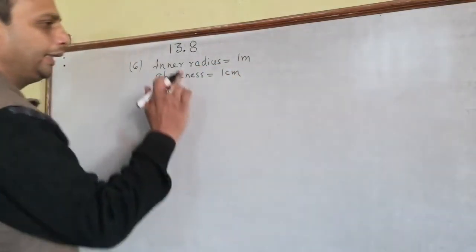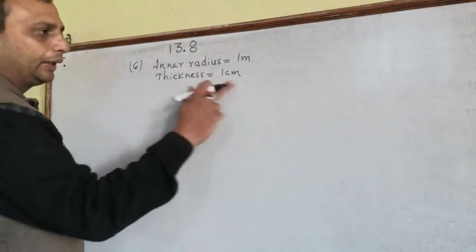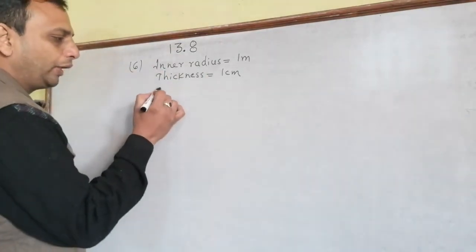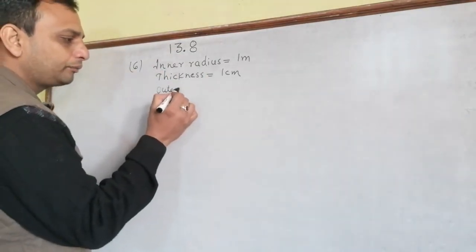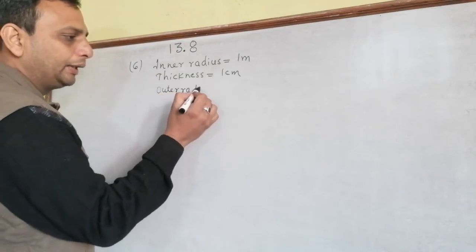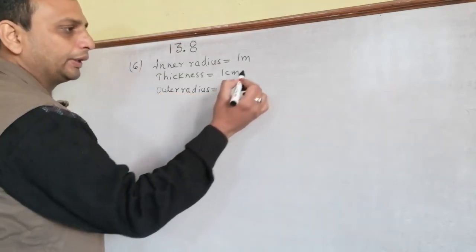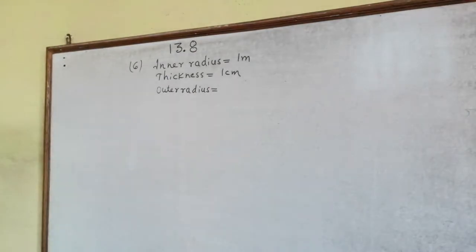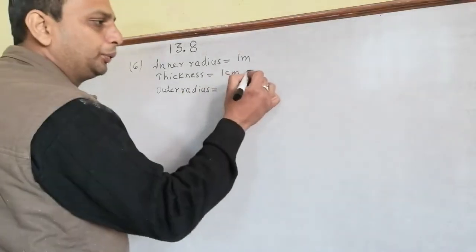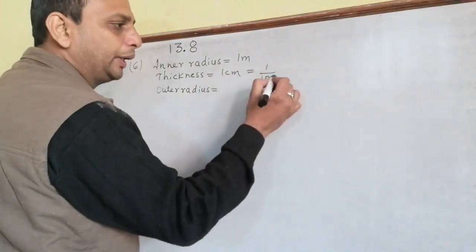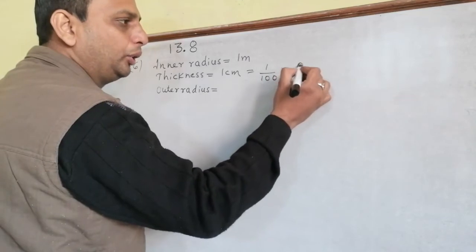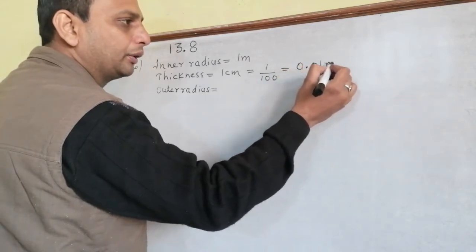For that, the inner radius is already given and the thickness is given. So to find the outer radius, we will add this. Thickness is 1 centimeter. So 1 centimeter we have to convert into meters, so it will be equal to 1 upon 100, that means 0.01 meter.